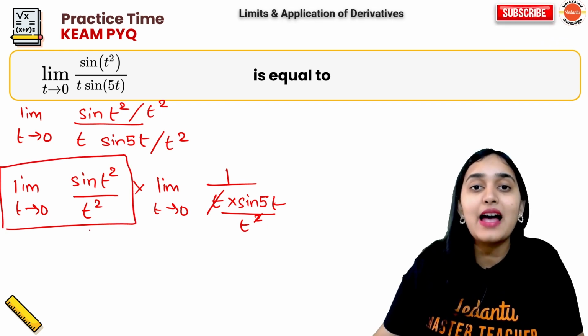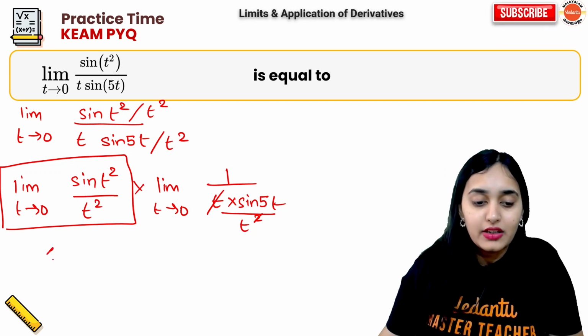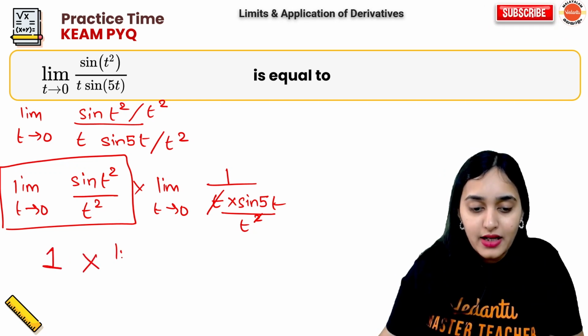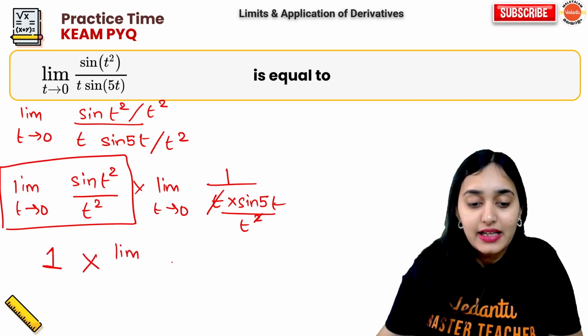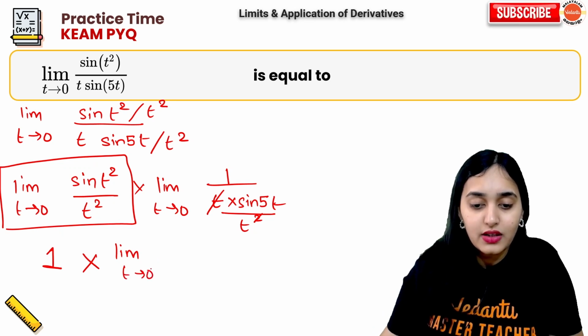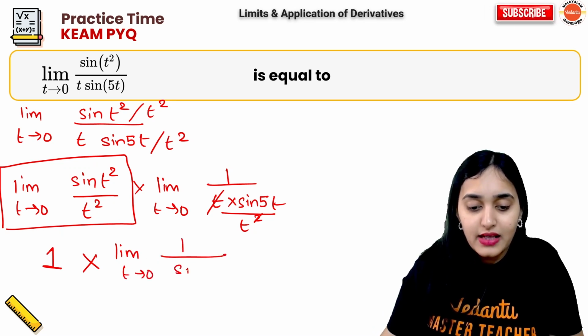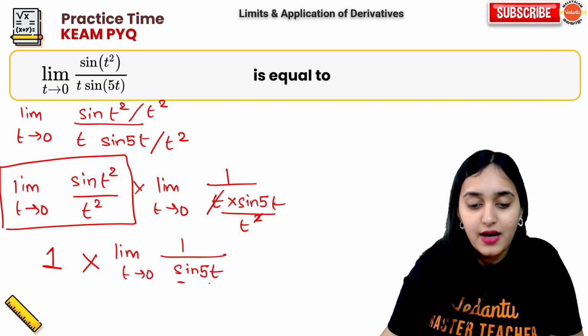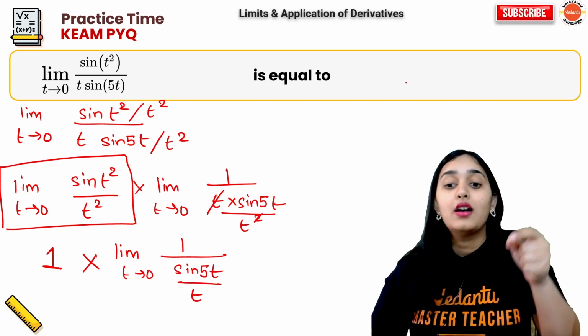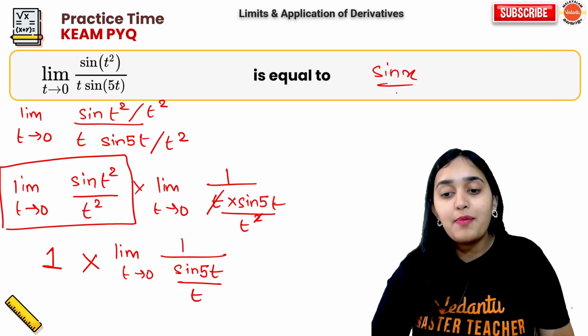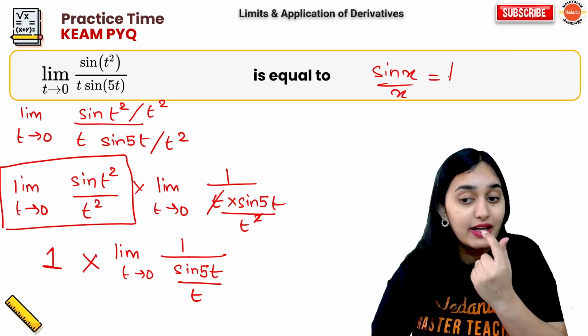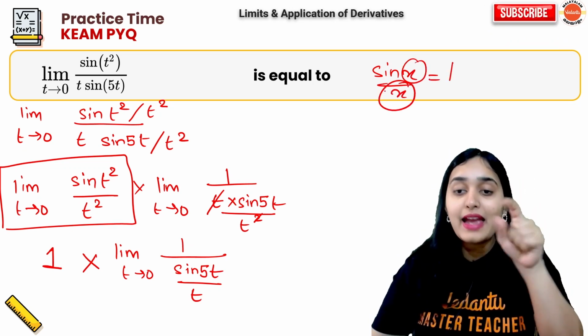Directly, sin x upon x is 1. So this becomes 1. Now here t cancels, t tends to 0, and I have 1 upon sin 5t upon t. Again, sin x upon x is 1.